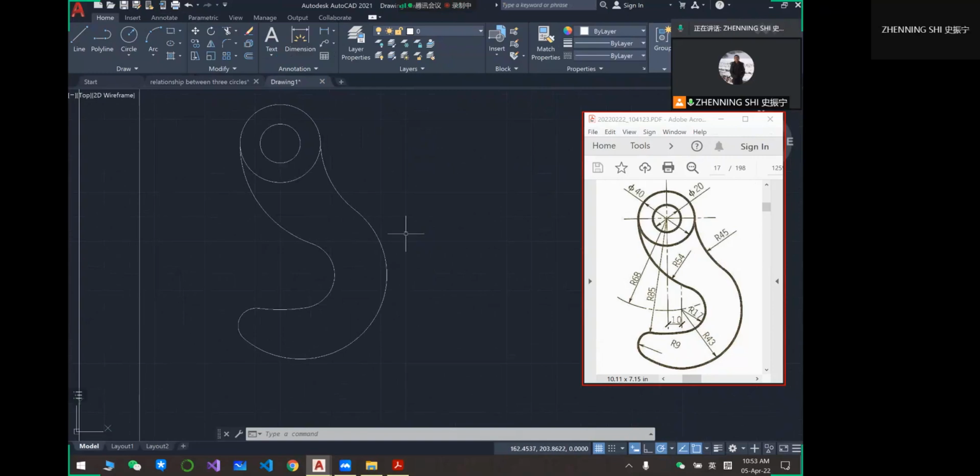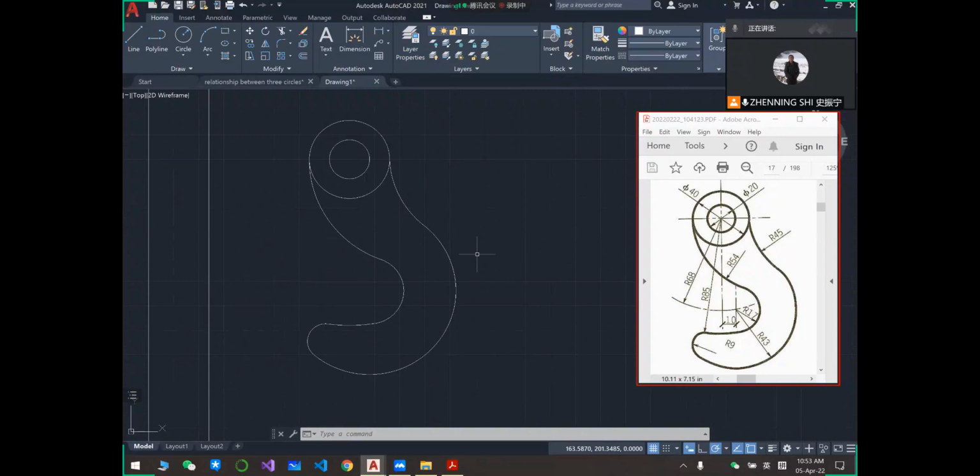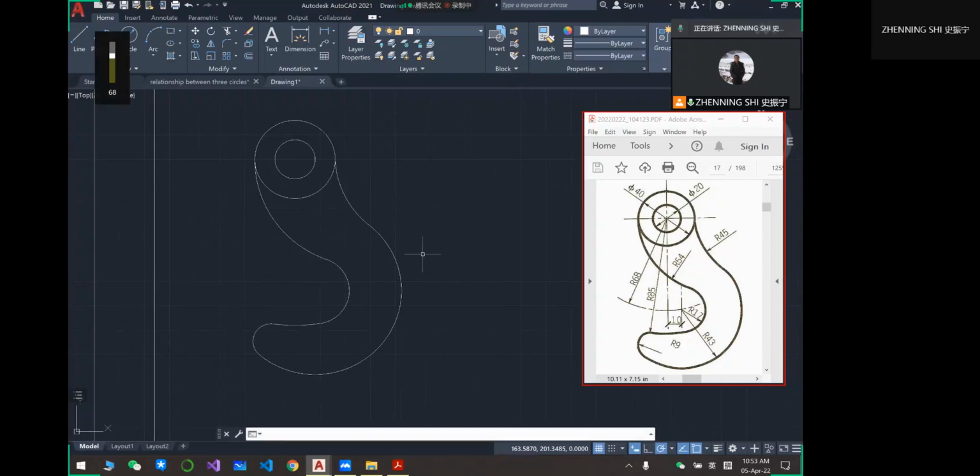It's also very helpful to give you a right way for your handwriting, if you do your handwriting with this procedure. Okay, can everybody understand? Okay, sure.